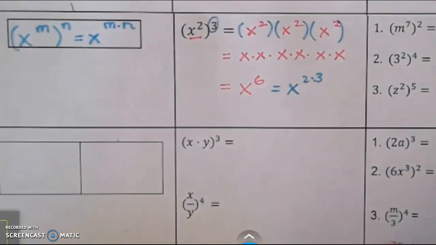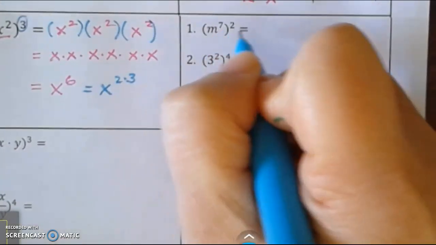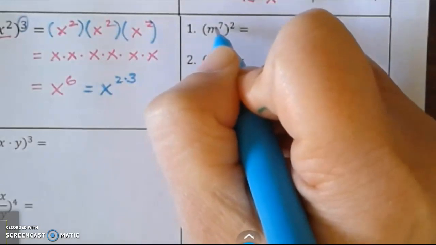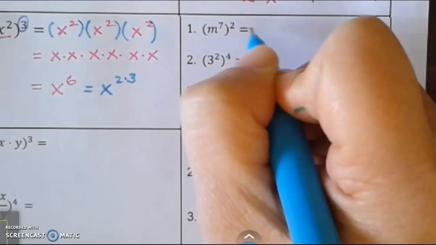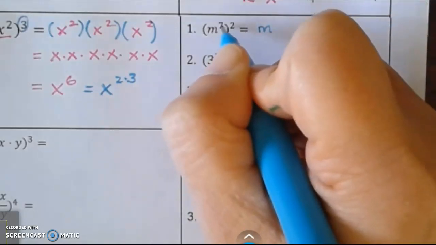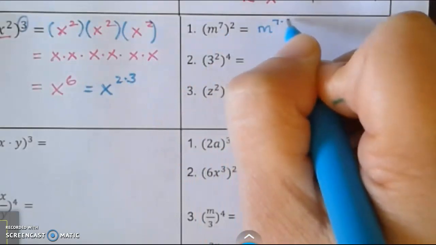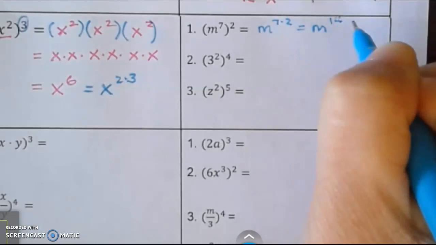And if we were to do some examples, we don't have to expand this out anymore. It would be kind of tedious to multiply m 7 times and then do that twice. So instead, we can rewrite this as m to the power of 7 times 2, which is the same as m to the power of 14.